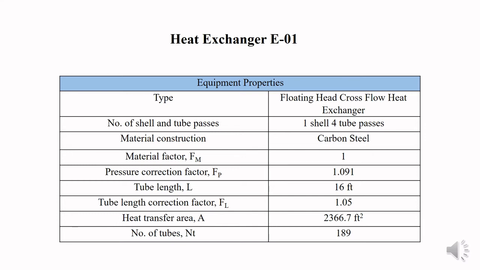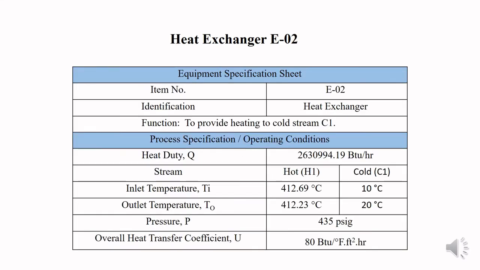And the material of construction for this heat exchanger is carbon steel, and the other details are as stated in this slide. This is the equipment specification for heat exchanger E02, and the function is to provide heating to cold stream C1, and the other details are as stated in this slide.